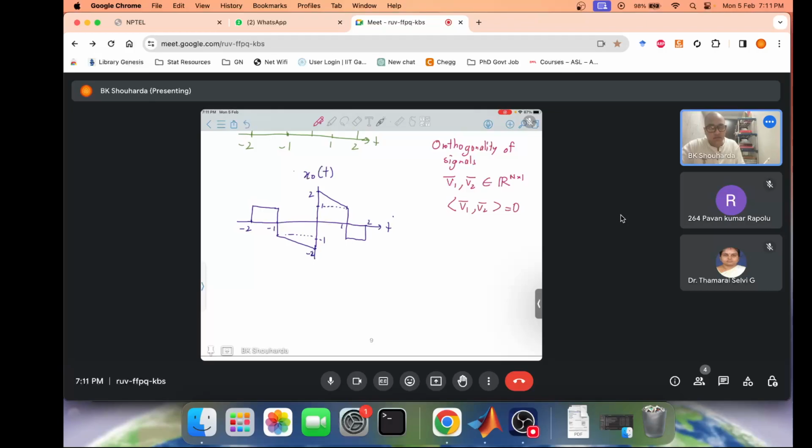Okay, so what does it mean? That element by element, if I multiply them, I get 0.